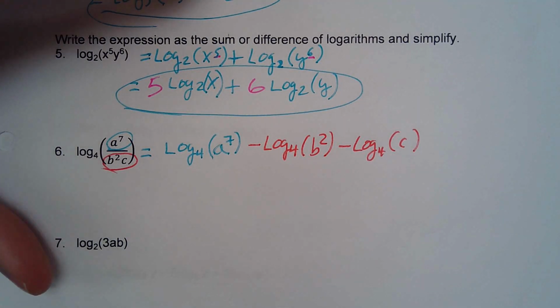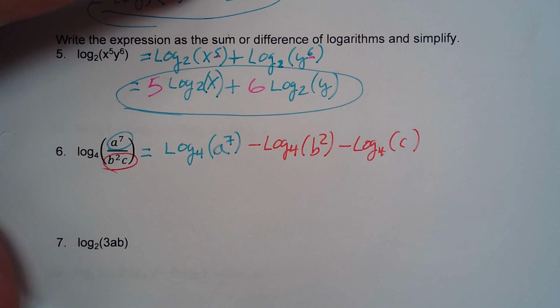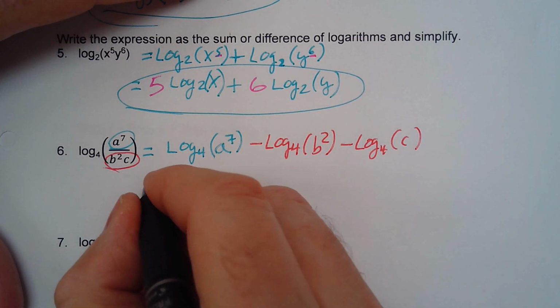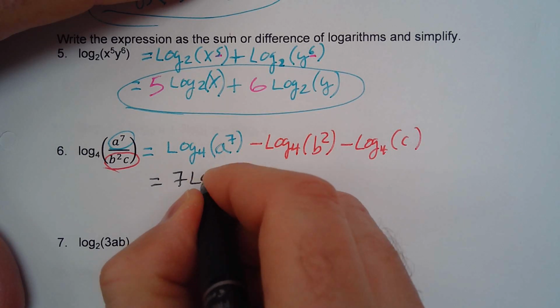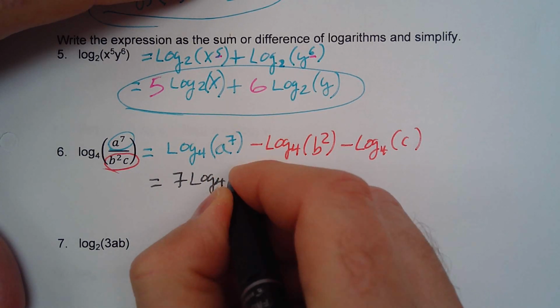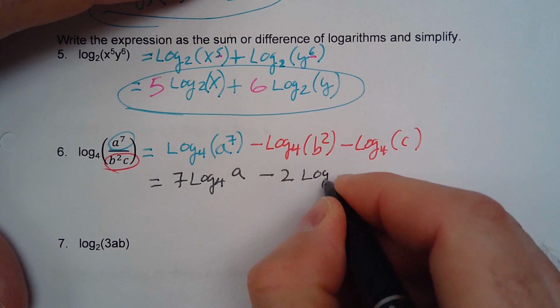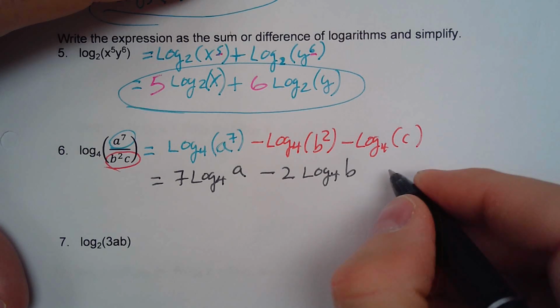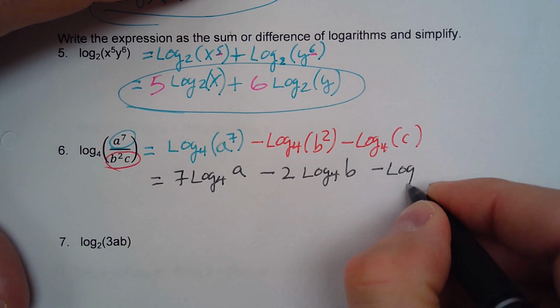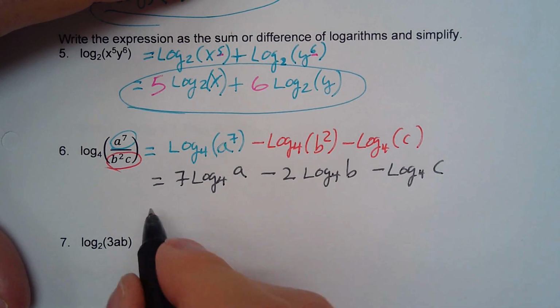And then I'm just going to bring the exponents out in front. So this becomes 7 log base 4 of a minus 2 log base 4 of b minus log base 4 of c.